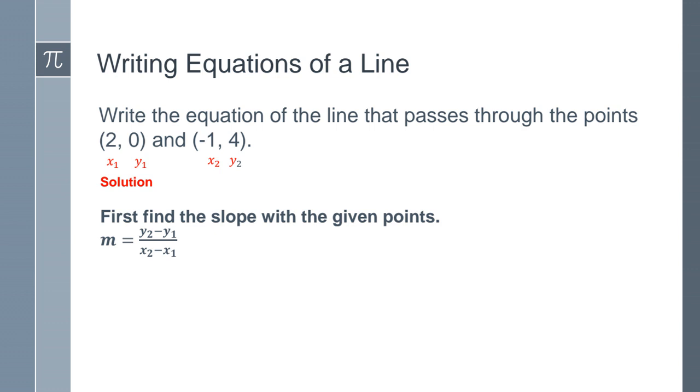Okay, so here, again, this is y2, so y2 is 4 minus y1, which is 2, divided by my x2, which is a negative 1, minus my x1, which is 2.